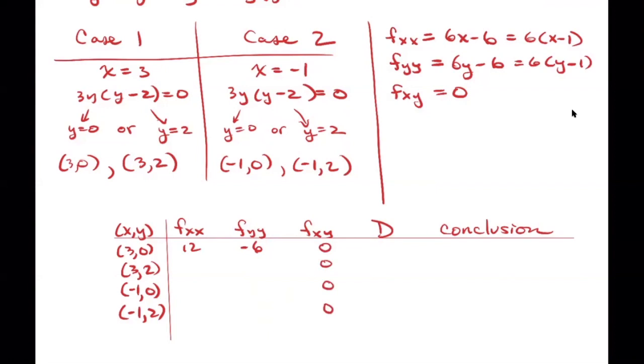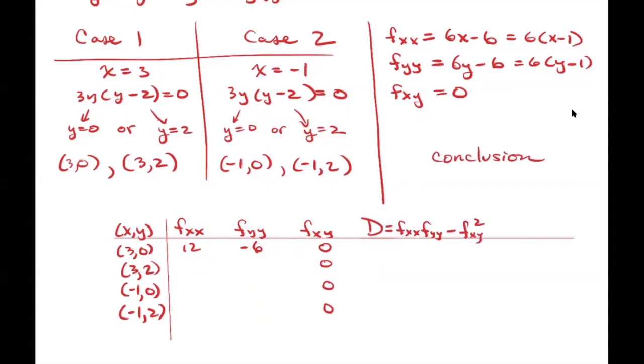And maybe it's worth stepping back to remind ourselves what d is here. So I'm going to make a little bit of space since I didn't do that. And remind you that d is fxx times fyy minus fxy squared.